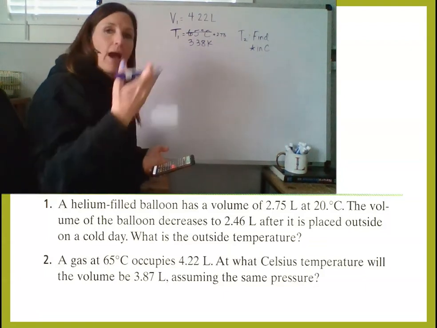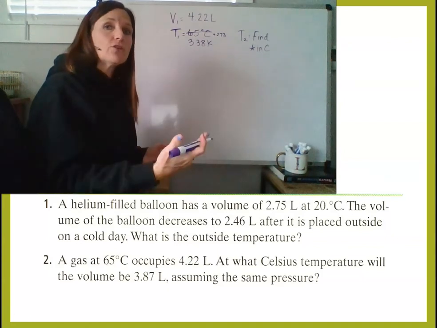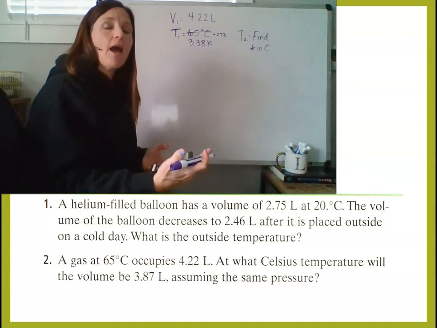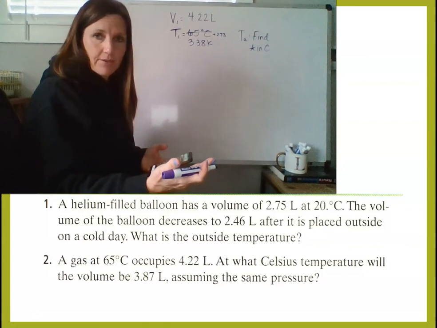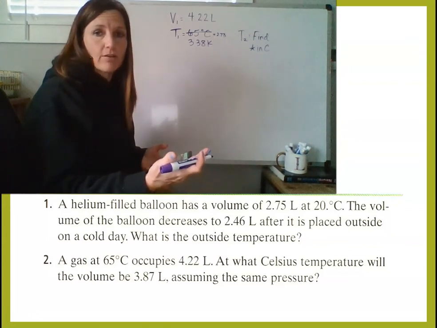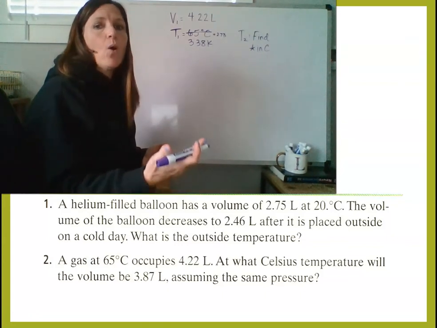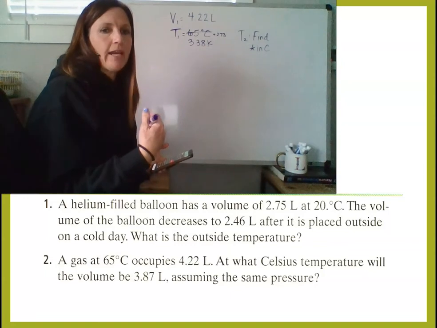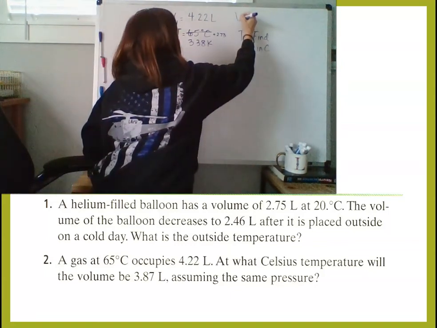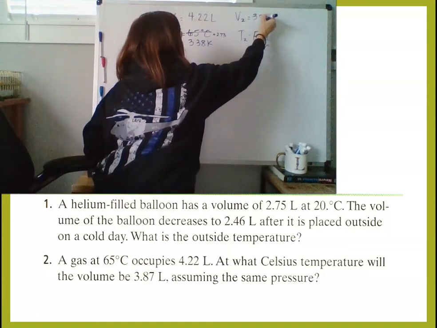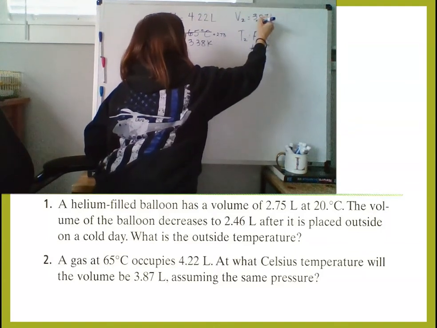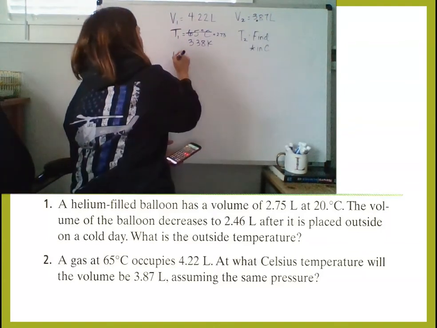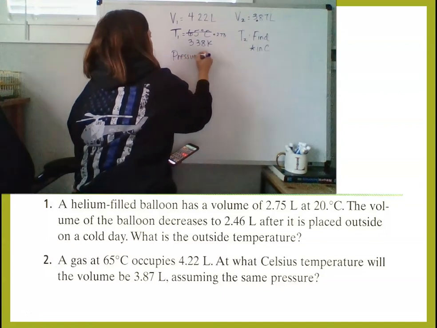My initial solution is going to be in Kelvin, but then I need to go back into Celsius for the proper answer, for the full credit answer. What Celsius temperature will the volume be 3.87 liters? Volume 2 is 3.87 liters, and it tells us pressure is constant.